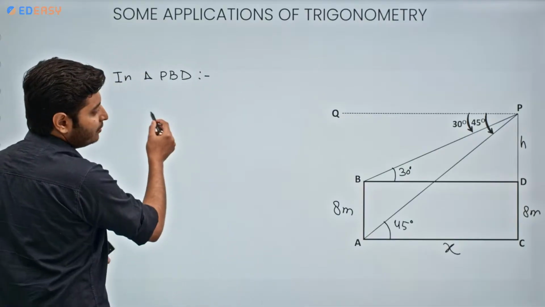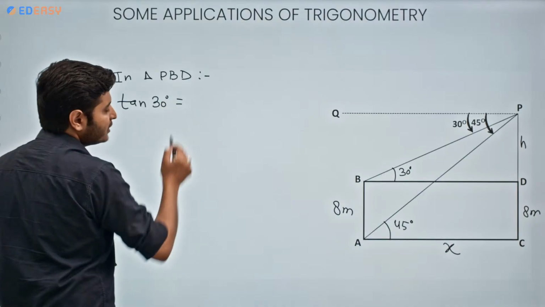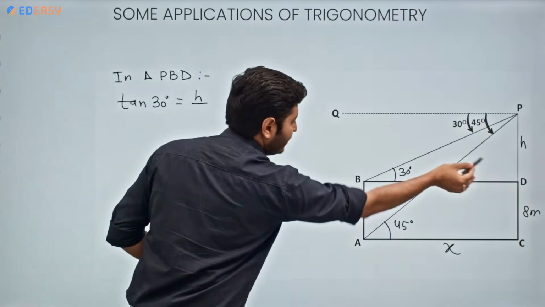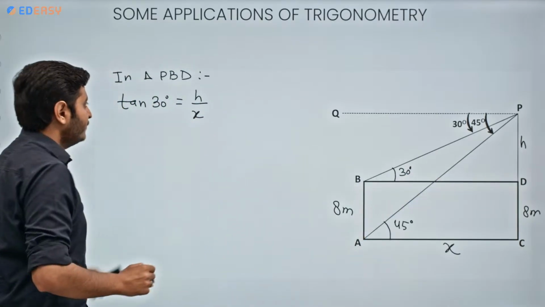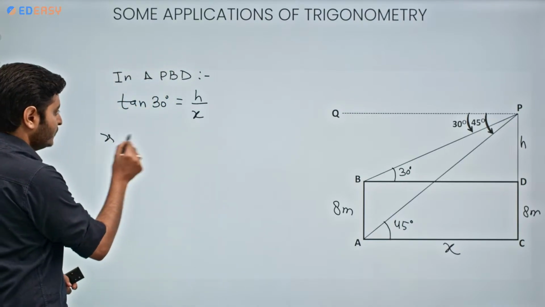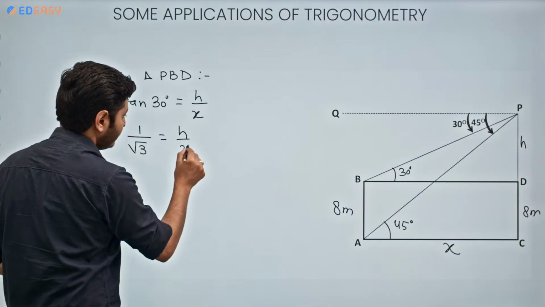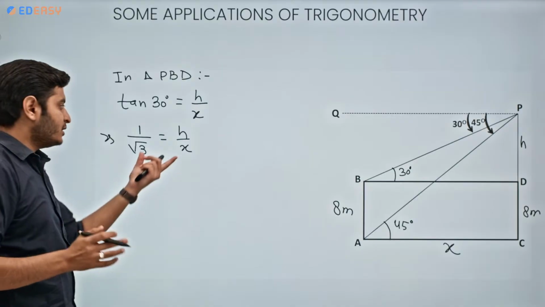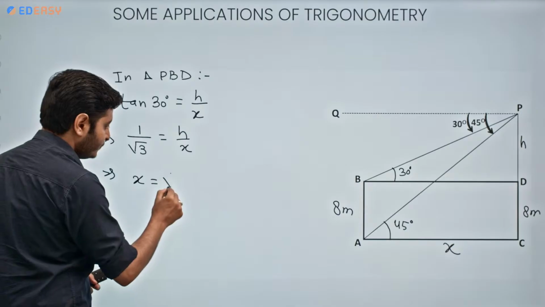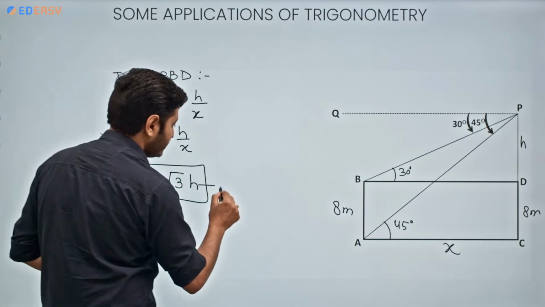So in triangle PBD, tan 30 degrees is equal to PD or H by BD or X. The value of tan 30 degrees is 1 upon root 3. So 1 upon root 3 is equal to H by X. You can transpose the values and you will realize the value of X is root 3 H. This is equation number 1.